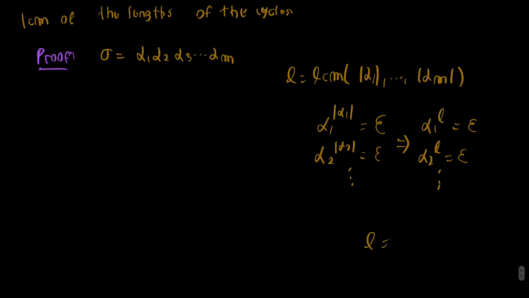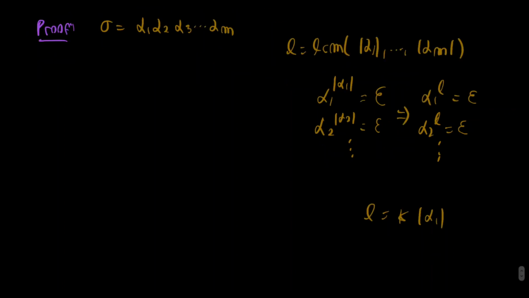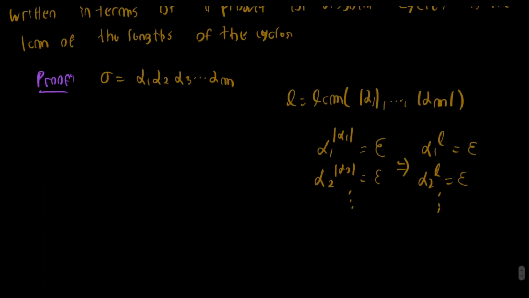Well, why? Because L can be written as some integer k times the order of α_1, and also as some integer k' times the order of α_2, and so on. So it's a multiple of the orders of α_1, α_2, and so on. So raising α_1, α_2, α_3, and so on to the L-th power will yield the identity permutation.